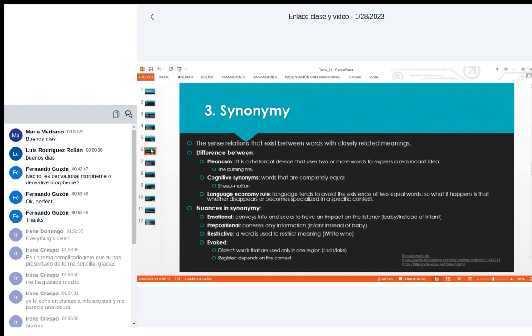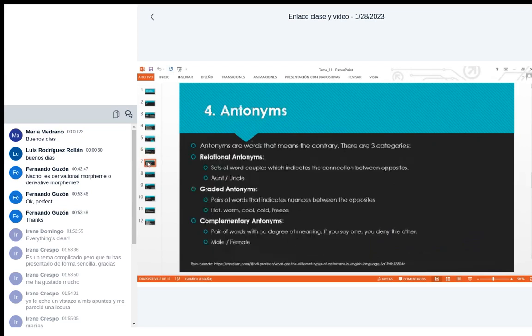Whereas if we hear a doctor speaking, he would rather use vomit rather than puke. Now, a dialect is also evoked meaning in this case because it's using a word that is typical from the region. For example, in Scotland, they would use loch instead of lake.